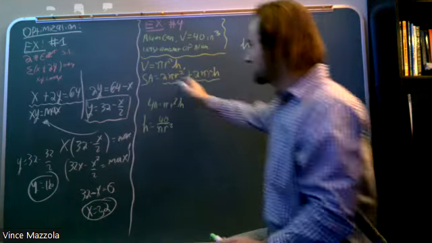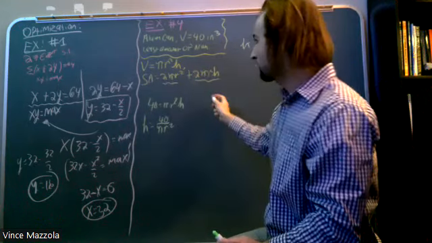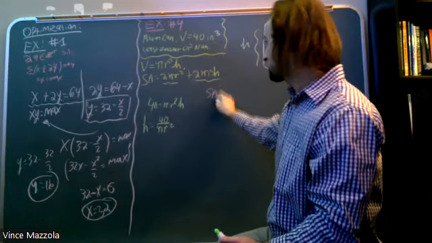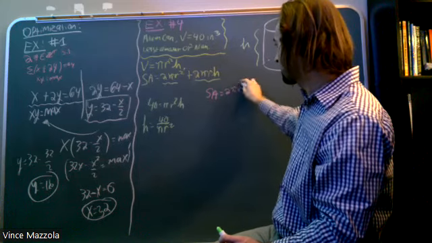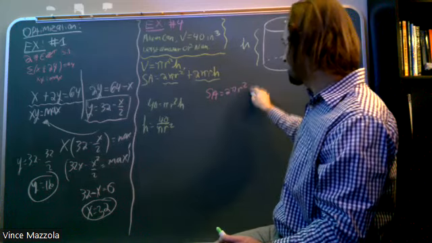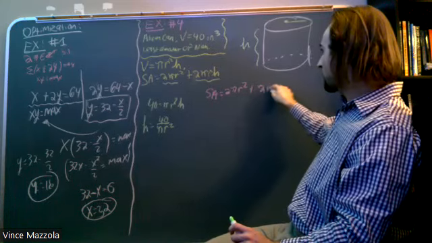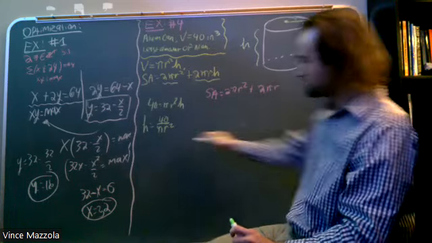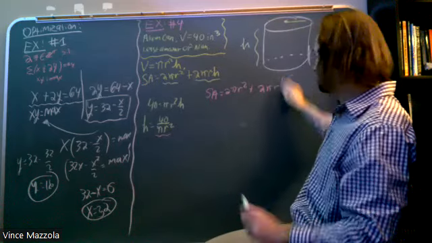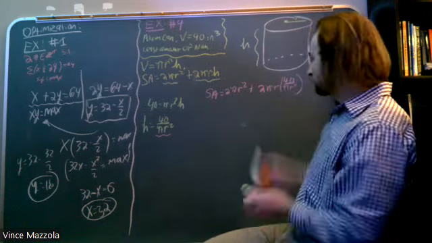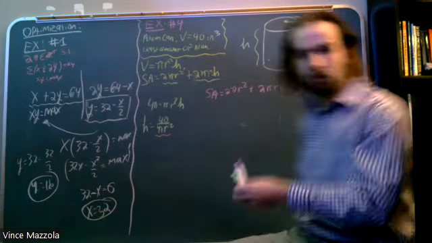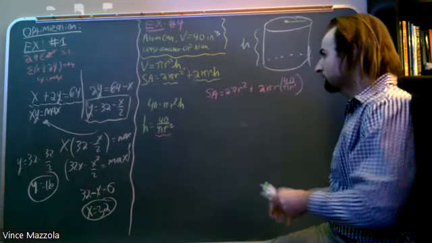So now let's plug it into the surface area formula. The surface area is 2 pi r squared plus 2 pi r, and then substitute this in for h: 40 divided by pi r squared. All right, before you take a derivative, let's clean it up a little bit.